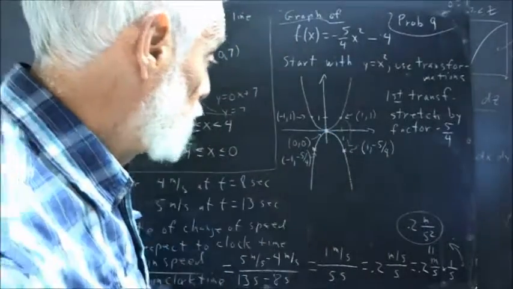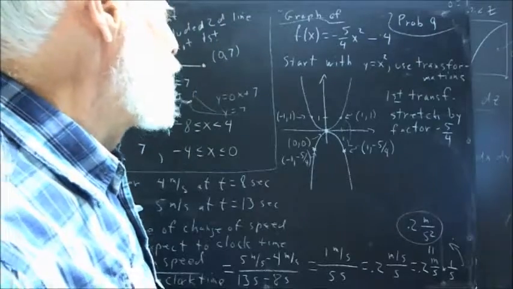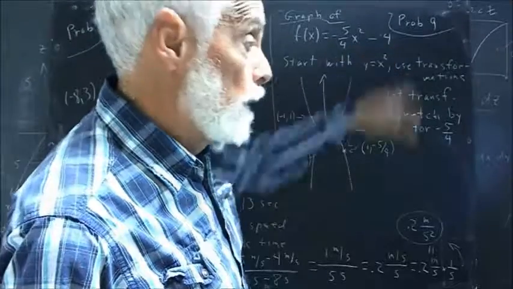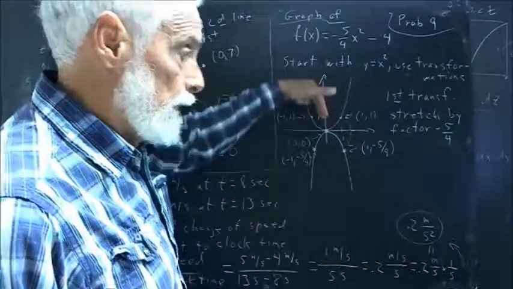The 0, 0 is on both graphs. Okay? And the second transformation then is we subtract 4 from the y value. What does that do? Well, that shifts the graph down 4 units.